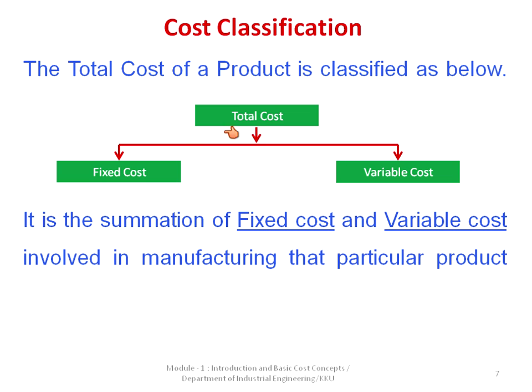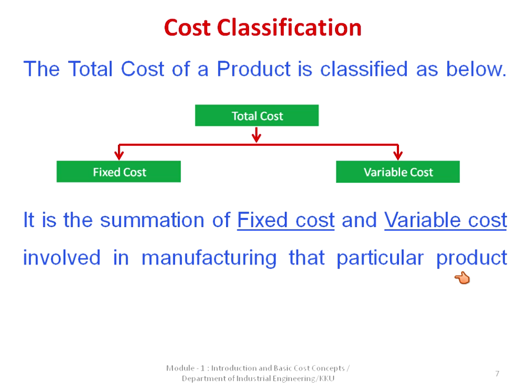The total cost of a product is classified as below. From this diagram it's clear the total cost has two major classifications. One is fixed cost related to the production of the product, and the other is the variable cost related to that particular product. So the total cost is the summation of fixed cost and variable cost involved in manufacturing that product.